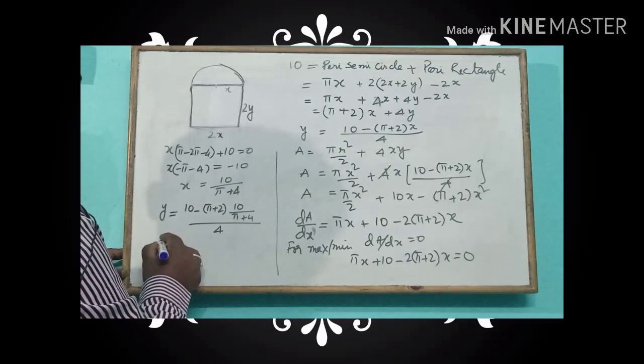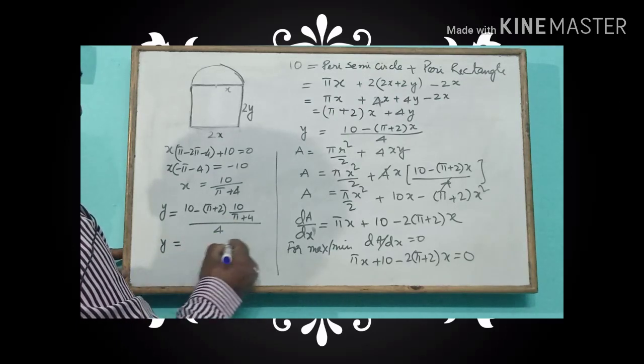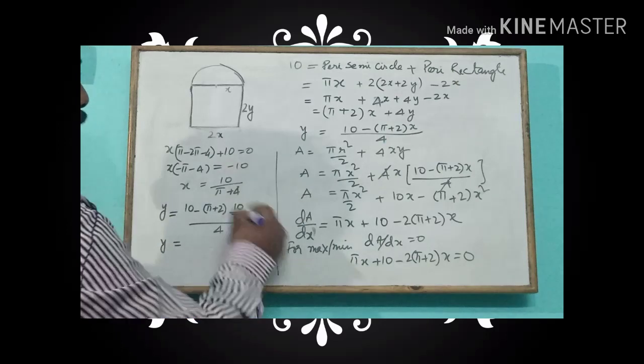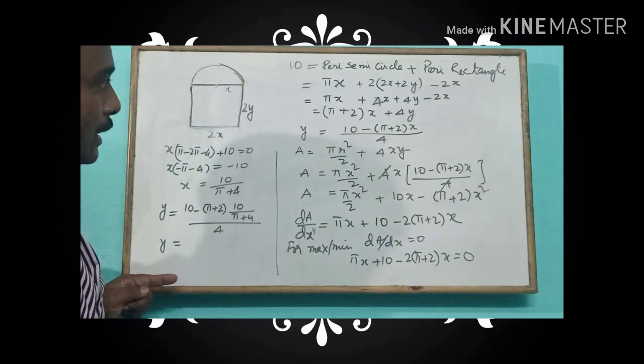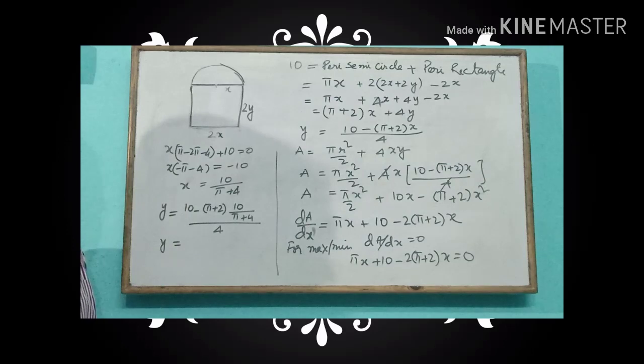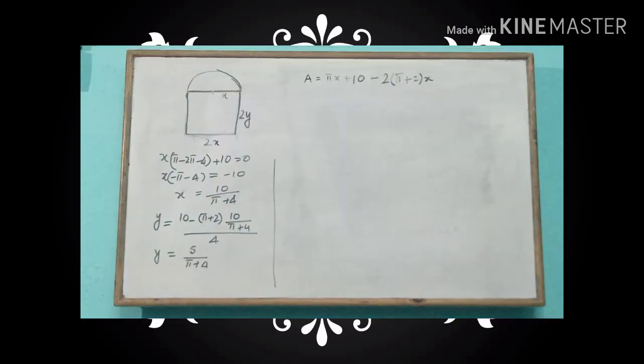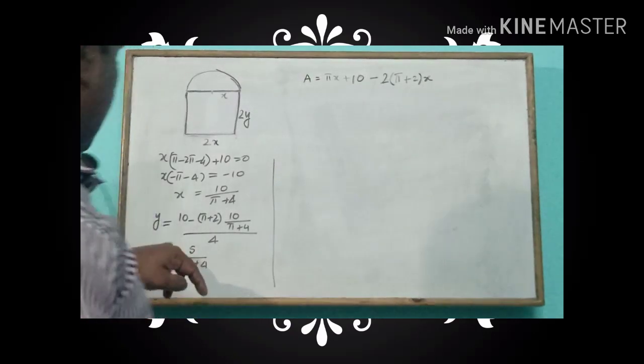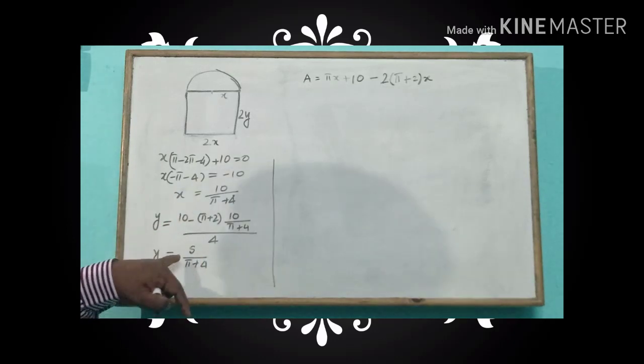So y we will get from here, calculating it. Then we have to find out d2A by dx square. After calculating, we get y is equal to 5 by (pi plus 4). If you calculate, you will get this.